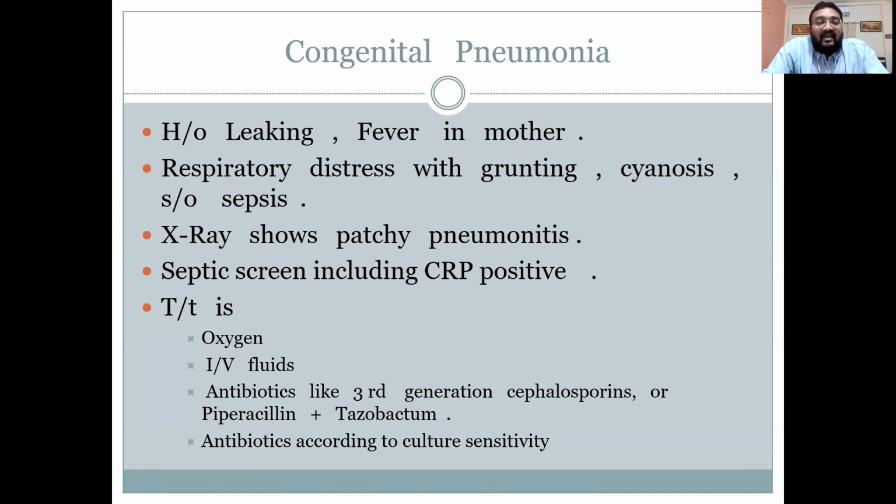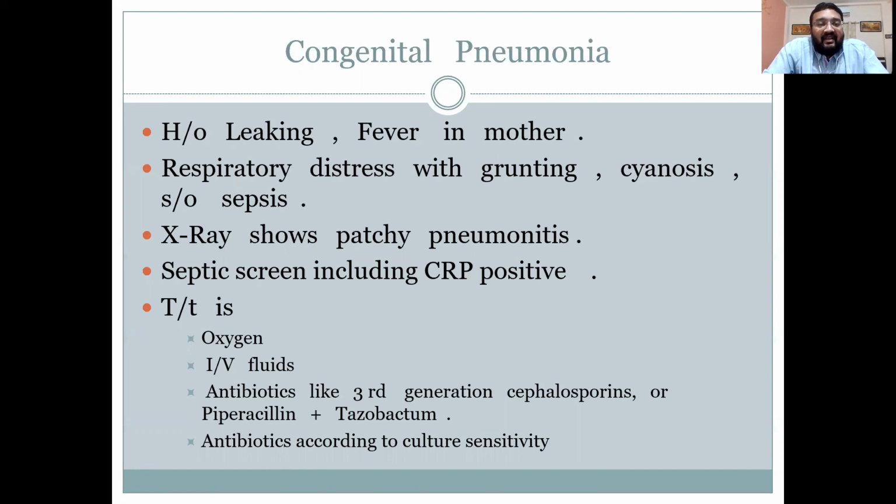On X-ray, a patchy pneumonitis-like picture is seen, and a septic screen is done, which includes CBC, CRP, micro ESR, absolute neutrophil count, and blood culture, along with lumbar puncture if required.